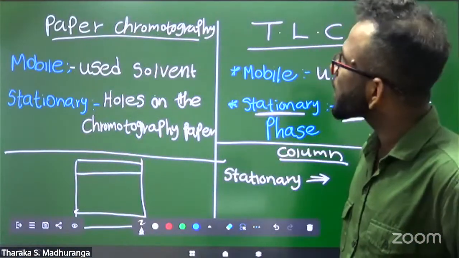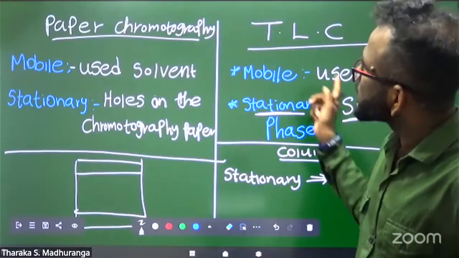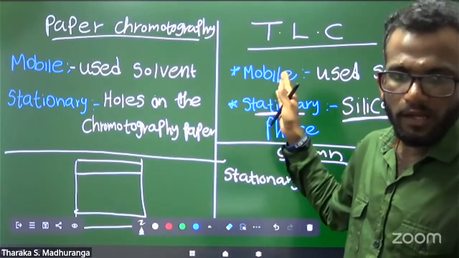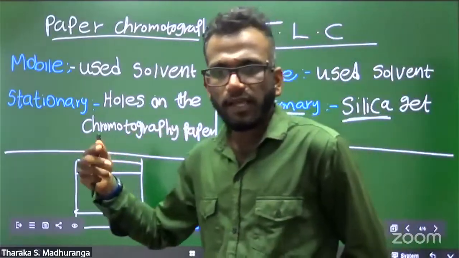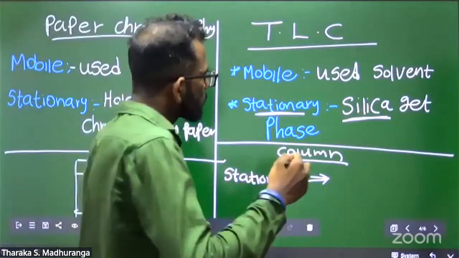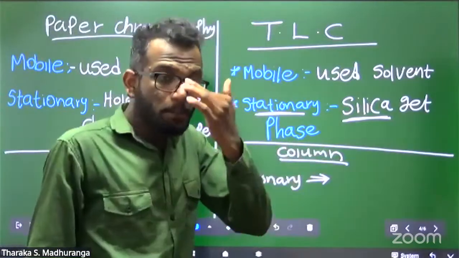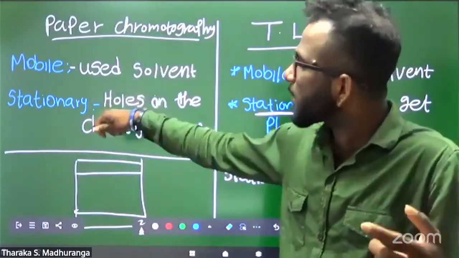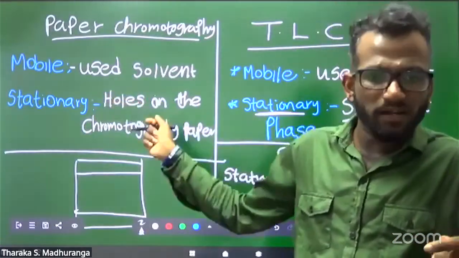If I compare paper chromatography and thin layer chromatography, in thin layer chromatography we use a silica gel layer, a thin silica gel layer. Through this silica gel layer, compounds travel more easily when compared with paper. That's the advantage.